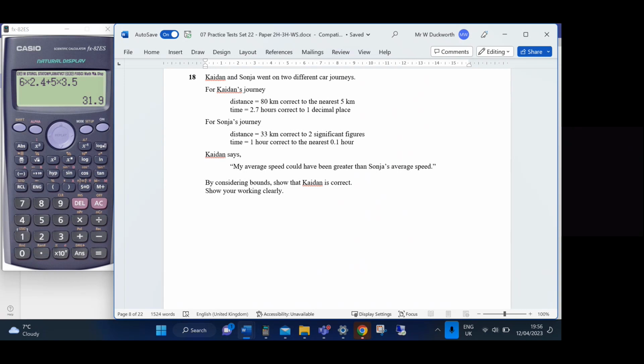So if we think about it, the statement is my average speed could have been greater than Sonia's.